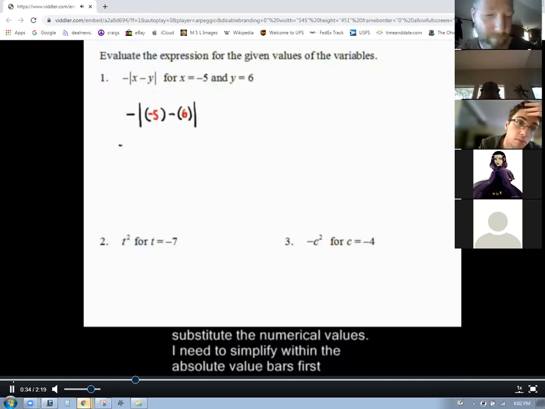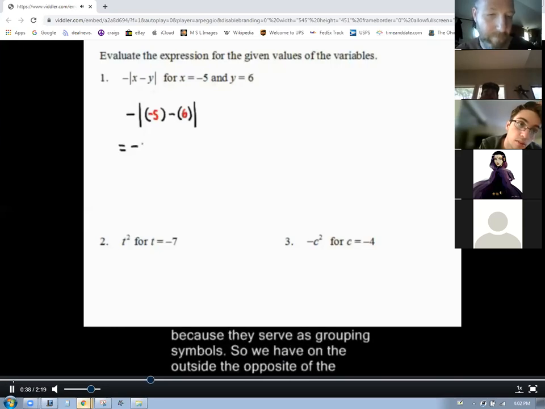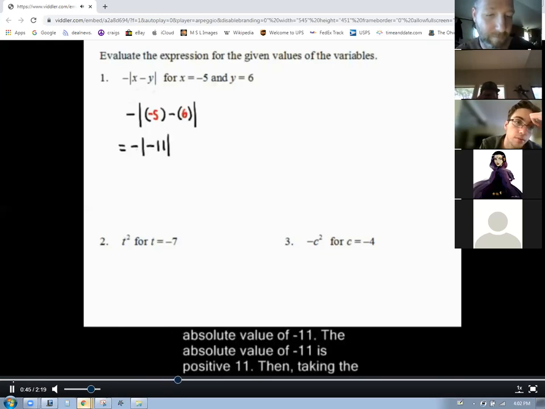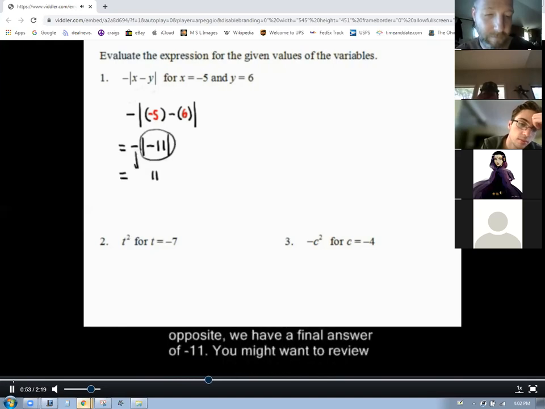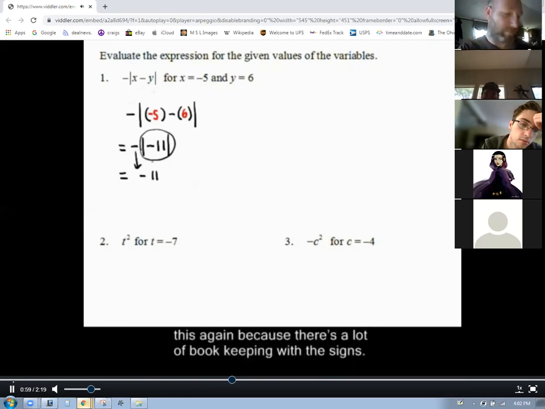I need to simplify within the absolute value bars first because they serve as grouping symbols. So we have on the outside the opposite of the absolute value of -11. The absolute value of -11 is +11. Then, taking the opposite, we have a final answer of -11. You might want to review this again because there's a lot of bookkeeping with the signs.